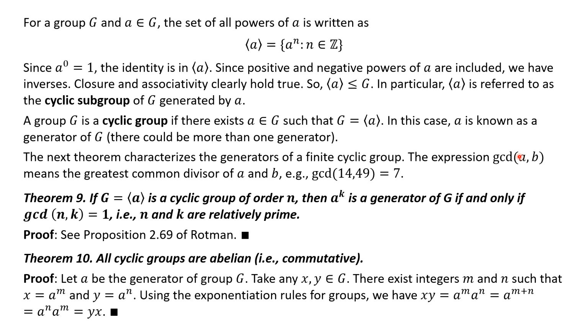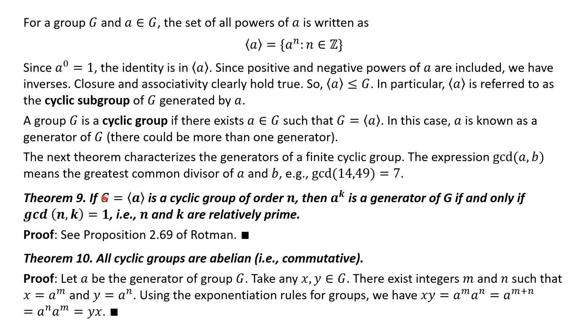We need a concept which you may or may not have seen before. It's called the GCD, the greatest common divisor of two integers. And I have an example here. So the greatest common divisor of 14 and 49 is 7, since that's the greatest integer that divides both of these numbers.